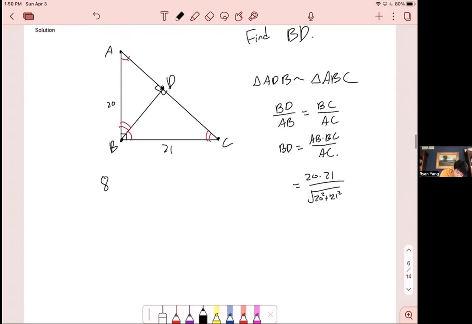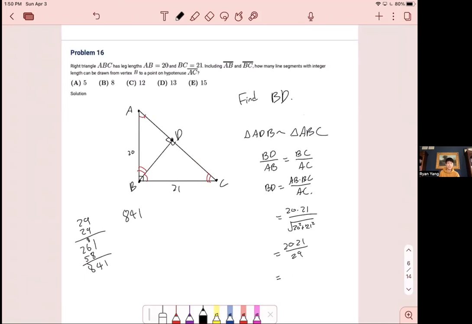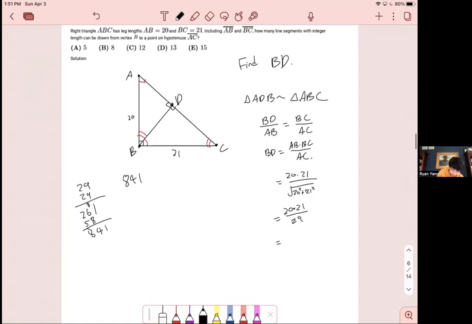Because that will end up being 841. 29 squared is, this is 29. I forgot about this. Okay, what a lucky coincidence. I don't know why this keeps happening. Okay, so the hypotenuse actually is length 29.